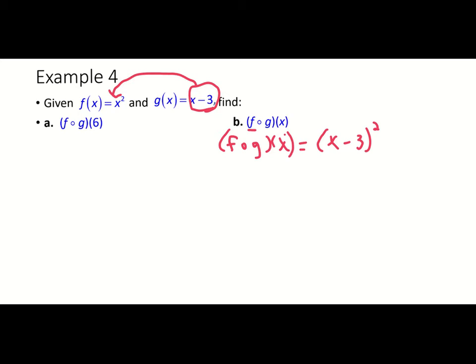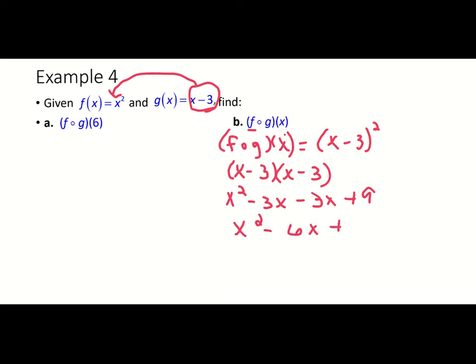So what we're going to do is I'm going to do x minus 3 times x minus 3, because we can FOIL this. So it will give me x squared minus 3x minus 3x plus 9. So we get x squared minus 6x plus 9. And that's what f composed with g of x is equal to.